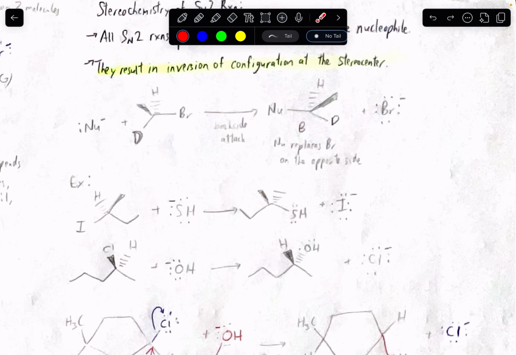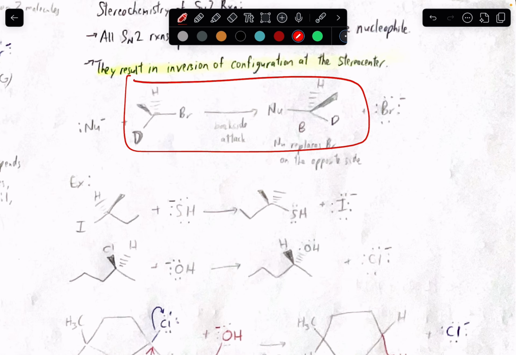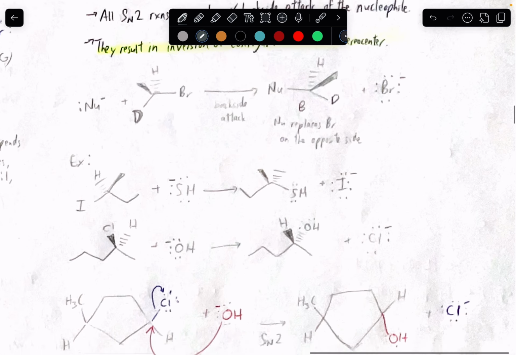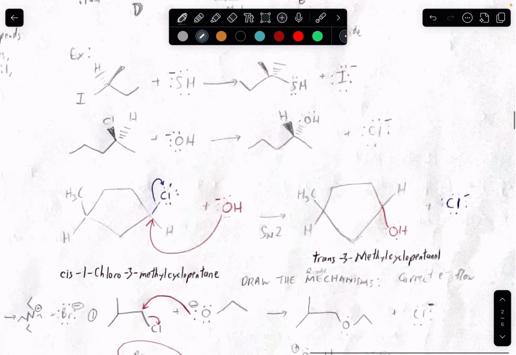That's just one way of imagining how inversion of configuration is supposed to look like. The car will drive the other way around. Or just try to memorize this kind of example and assimilate it with a similar scenario that you might see in the exam.